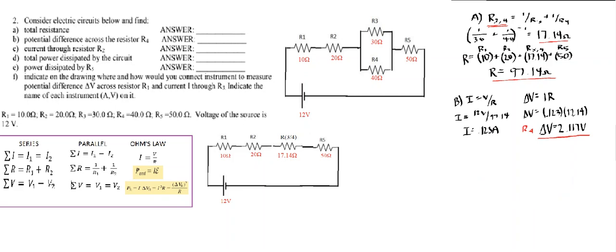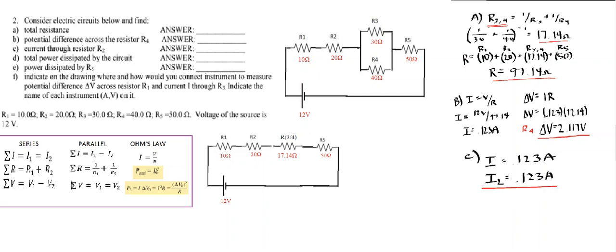Part C asks us to find the total current through resistor 2. Resistor 2 is in the series, and we solved for the total current in part B. And when we deal with series, remember current is always constant. So if the total current is 0.123 amps, then the current running through resistor 2 is also 0.123 amps.